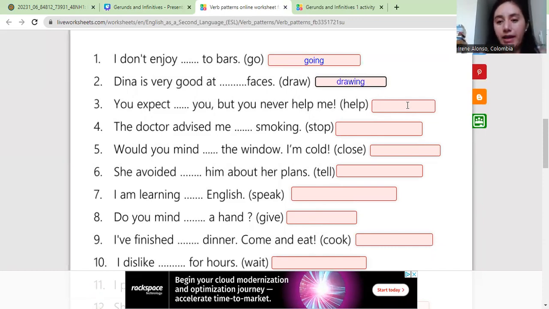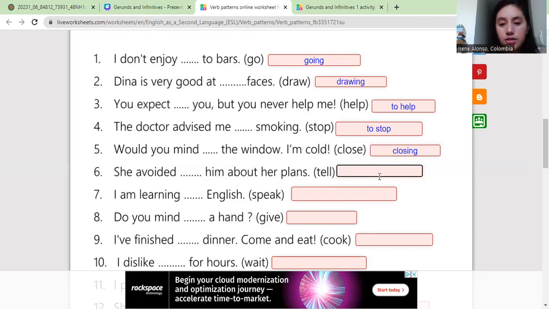You expect, expect is something unreal to help. The doctor advised me to stop. This is just general. Would you mind closing the window?